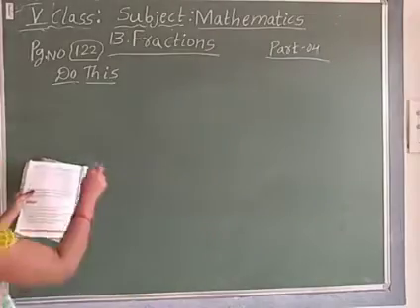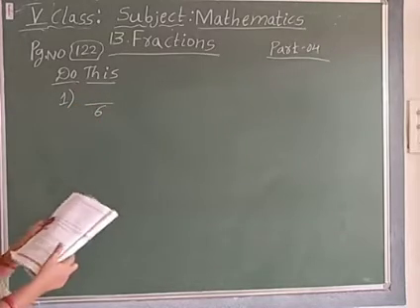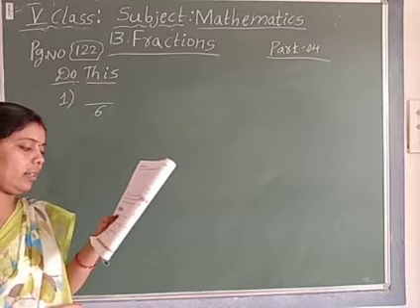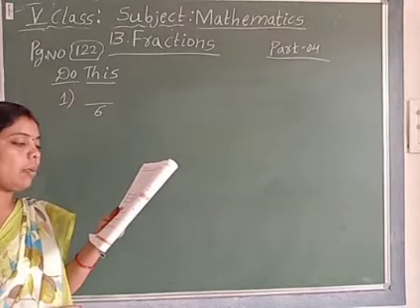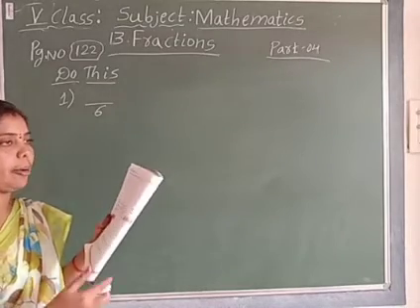Total, how many people are there? 6 people. One roti is divided among 6 people equally. How much will each person get? Write in words and as a number.